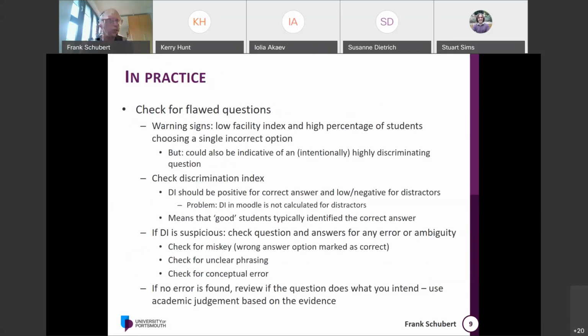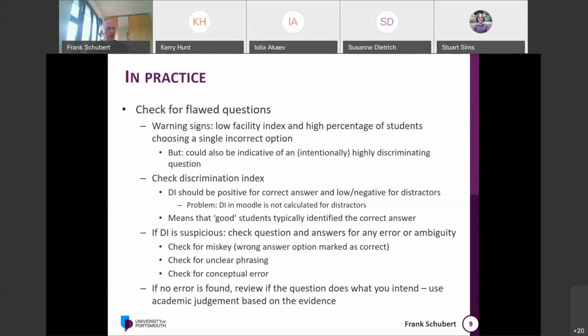So in practice, what we can do is check for flawed questions, and warning signs in particular could be a low facility index. If really many students get it wrong, and if many students choose one single incorrect option, it could actually mean that there is a fault in the question.